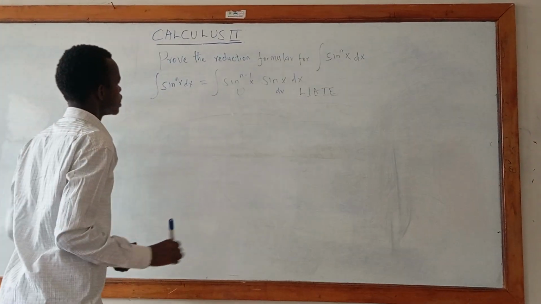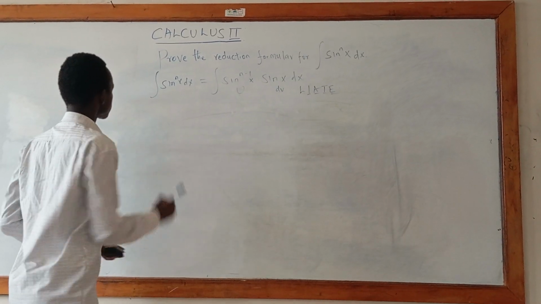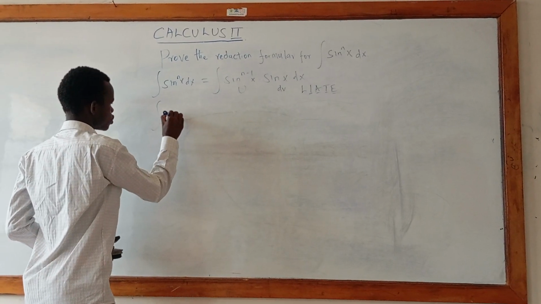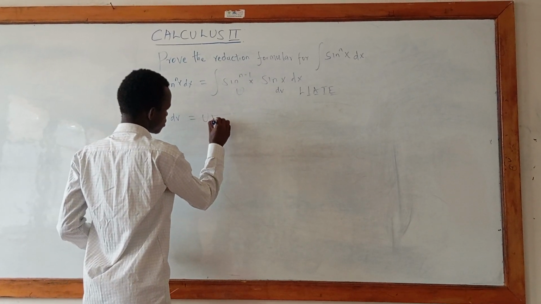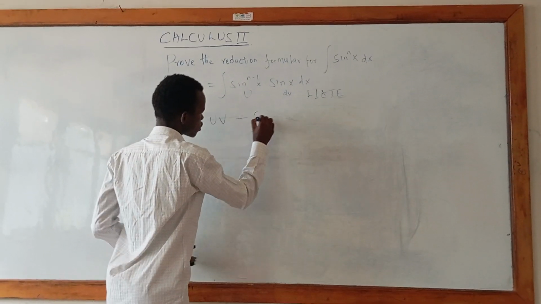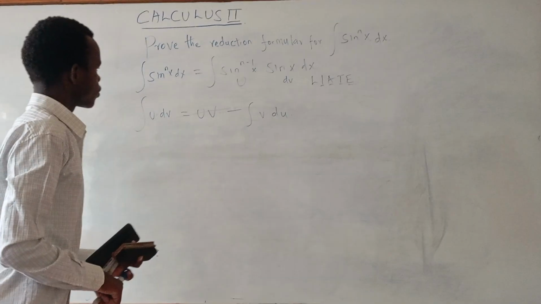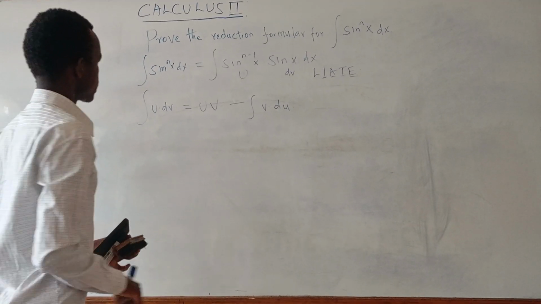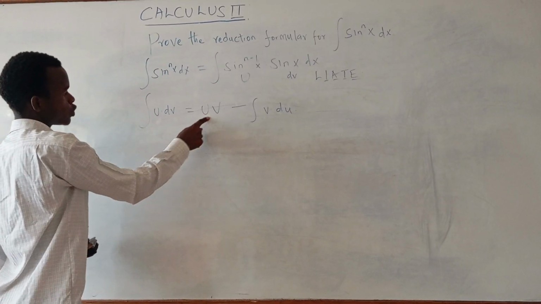Okay, so let's write the integration by parts formula. It says when you're integrating u multiplied by dv, your answer is u multiplied by v minus the integral of v multiplied by du. As for now, we have our u, we have our dv, but we don't have our v.